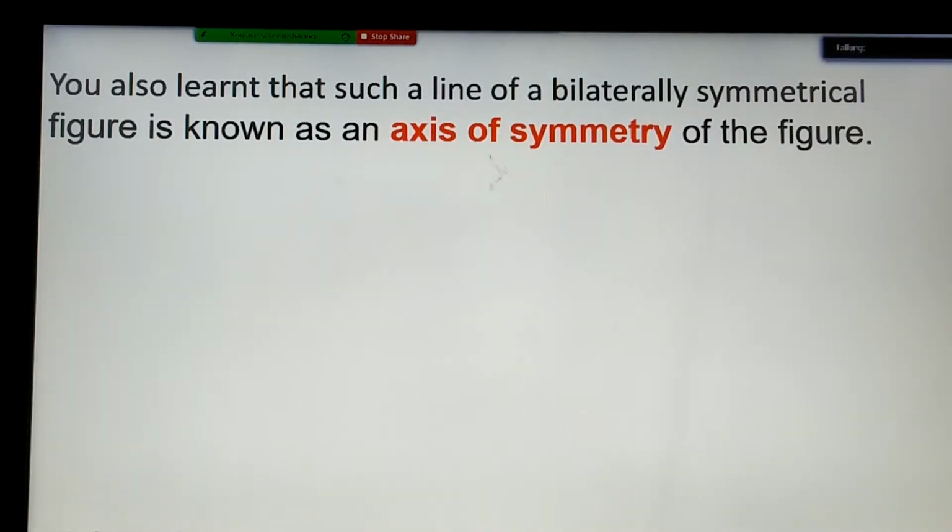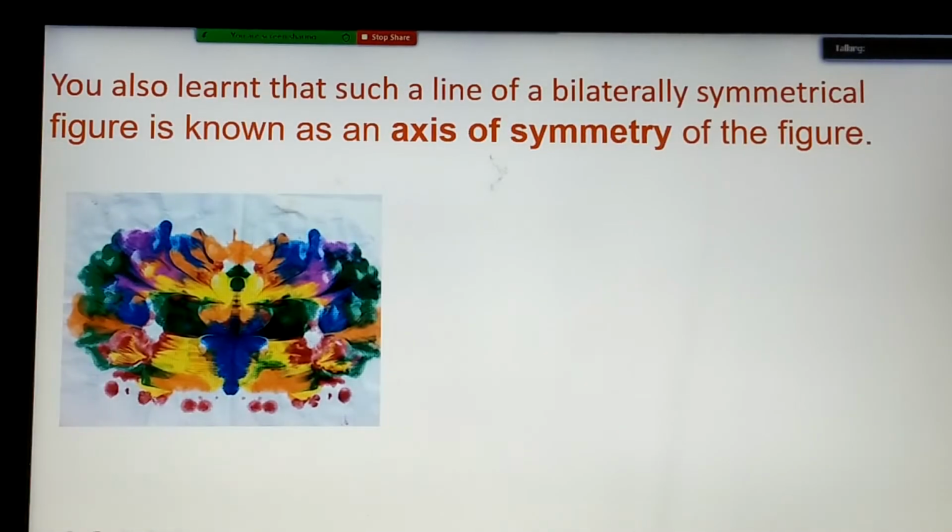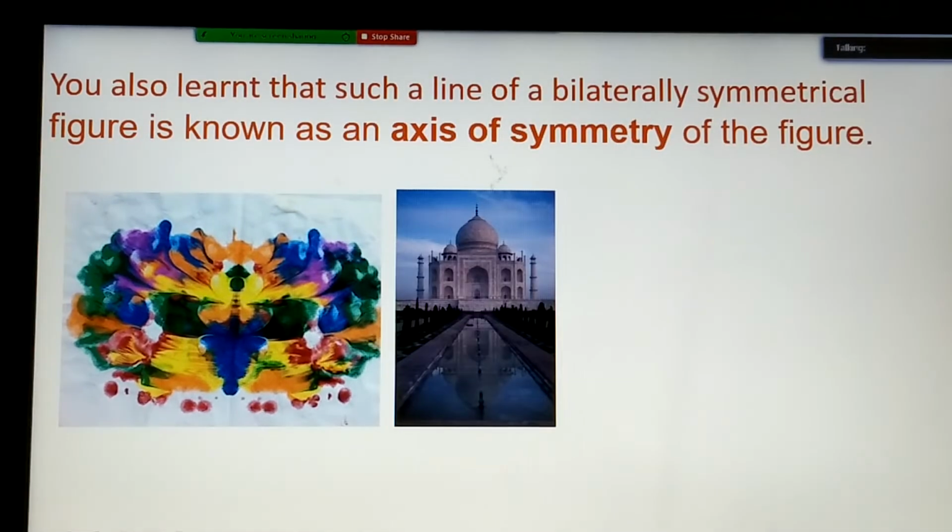You also learned that such a line of a bilaterally symmetrical figure is known as an axis of symmetry of the figure. Here, can you remember? In grade 7 you did this kind of thing. It's a good activity, using ink.